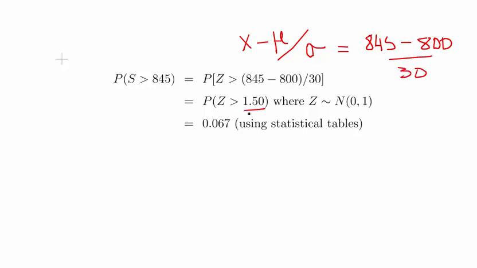That gives us 1.50, where Z is the standard normal random variable. So the probability of Z greater than 1.5, using statistical tables, should give an answer of 0.067. And that is it.